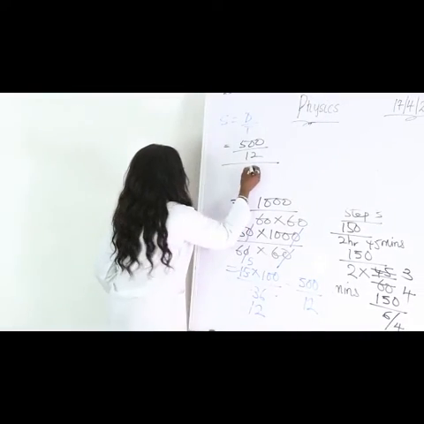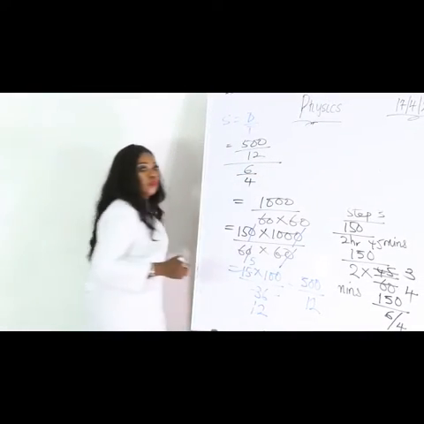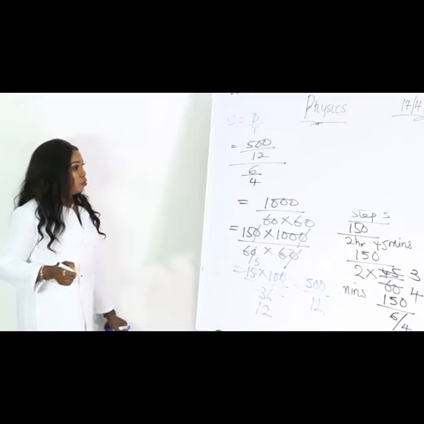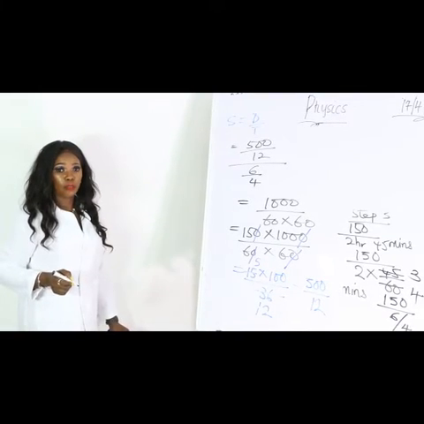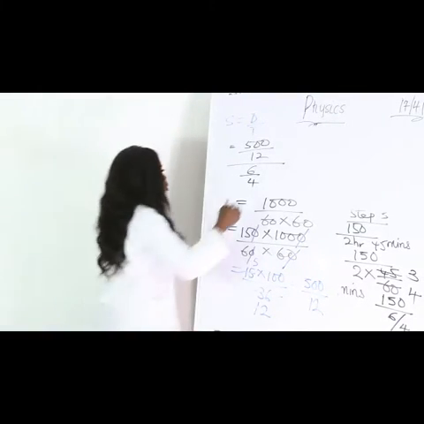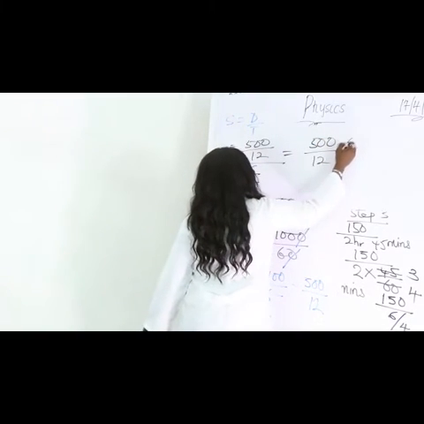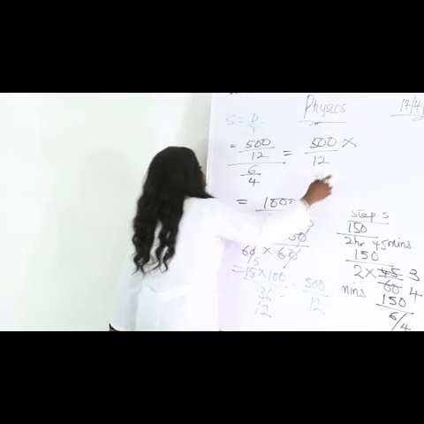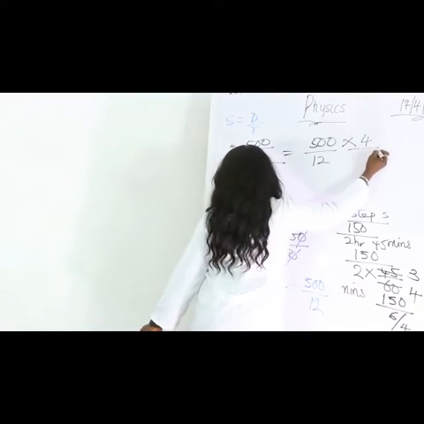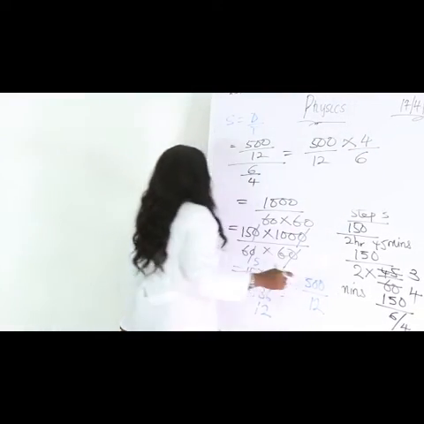So we'll be putting 6 over 4 as the time after the conversion. So we will be having 500 over 12 multiplied by 4 over 6.